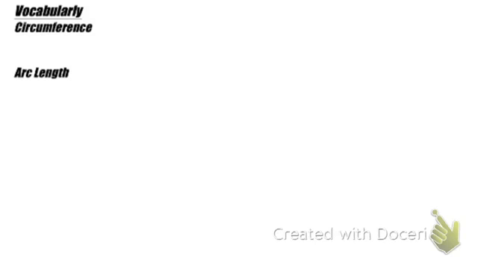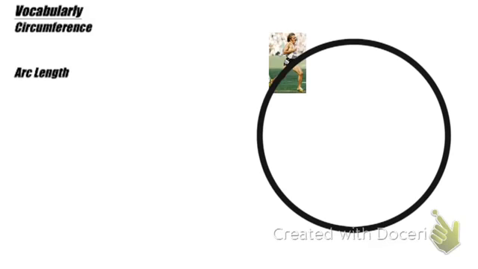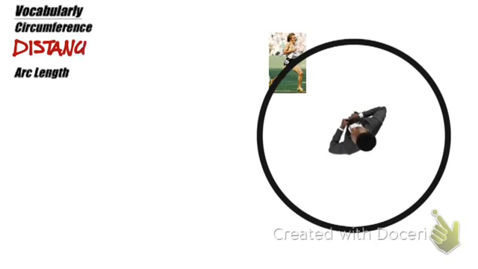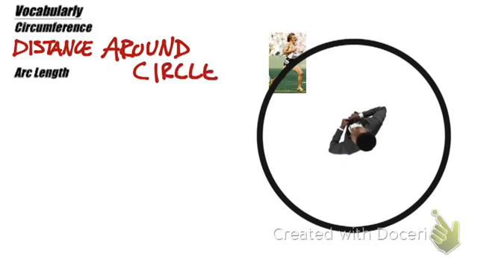So imagine for circumference that we have a track and we have a man running on the track. We'll also put another man standing in the middle of the track watching the guy run around. Okay, so for the circumference, the definition is the distance around the circle.